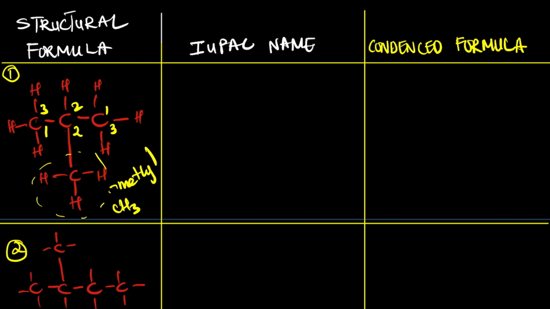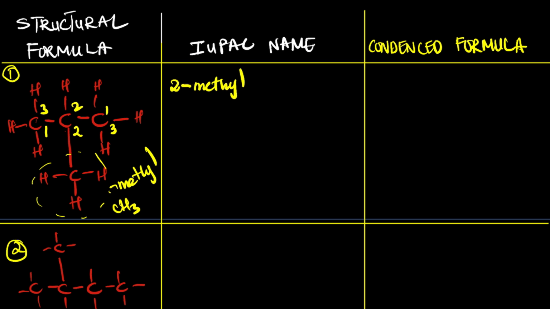You need to state where the branch is. It's in carbon 2, so you say 2. Now you say 2 methyl, but you can't just say 2 methyl. You have to say 2 dash methyl. In organic chemistry, you need to separate the number and the letter by a dash, which is a hyphen.